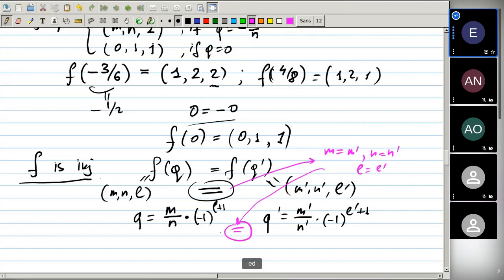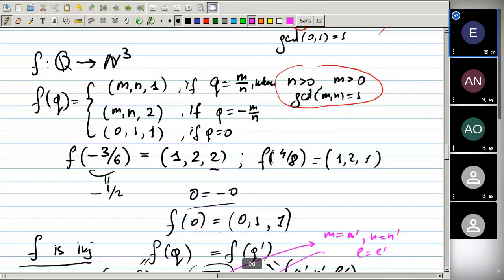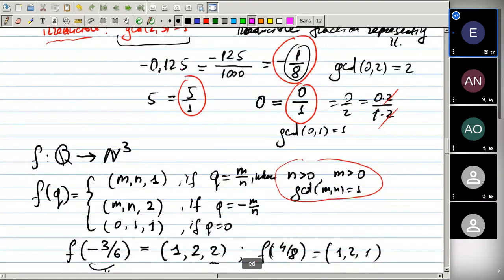Yeah. We have an injection from the set of all rationals to the set of all triplets of natural numbers. Please notice that it is not a surjection. For example, m and n are co-prime, their greatest common divisor is 1.